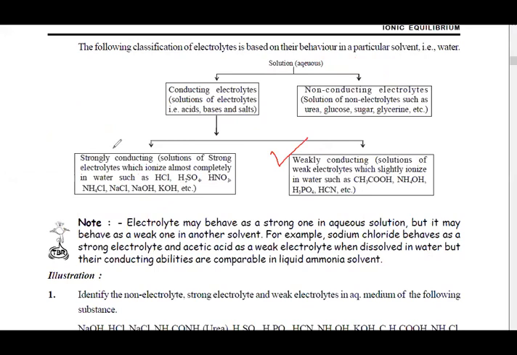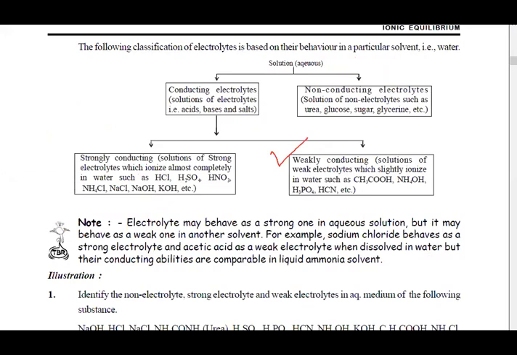When we talk about equilibrium, we should have a reversible reaction. And the very definition of a strong electrolyte says that it dissociates completely. Now, if any substance is dissociating completely, can the reaction be reversible?